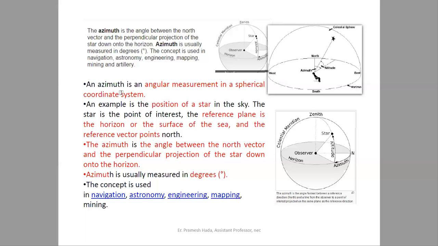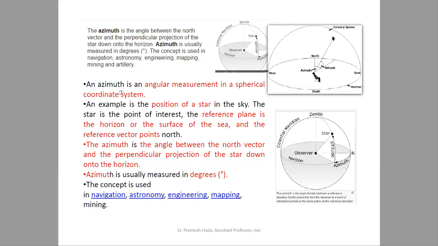Now, an example is the position of a star in the sky. If a star is present in the sky, the star is the point of interest. The reference plane is the horizon or the surface of the sea, and the reference vector point is north. Now we all know that in a survey we have three things.